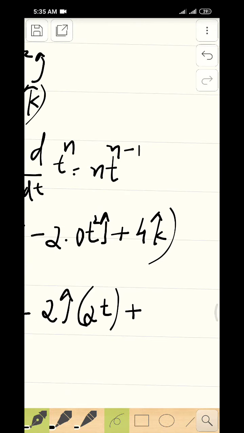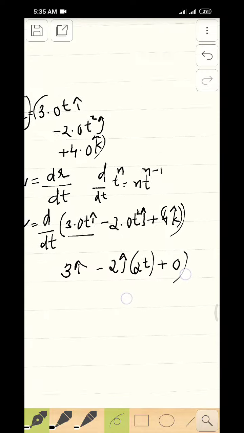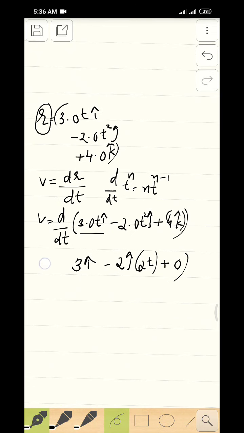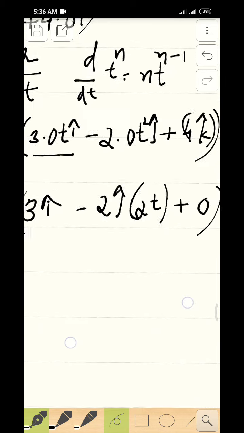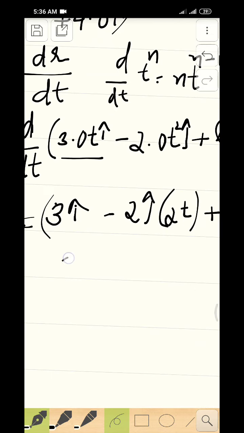There are no terms of t, so 4 k cap is a constant. d by dt of 4 k cap will be 0. So the v value, v is equal to 3 i cap plus 2 into 2, 4t j cap.